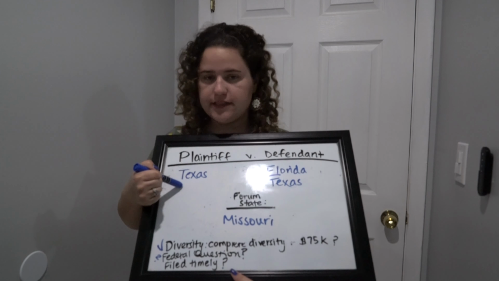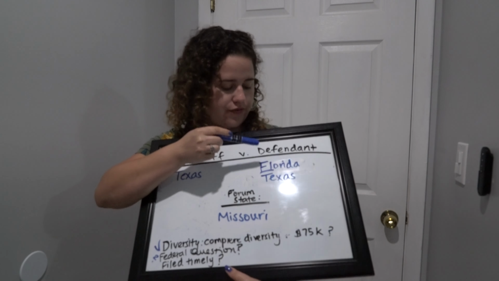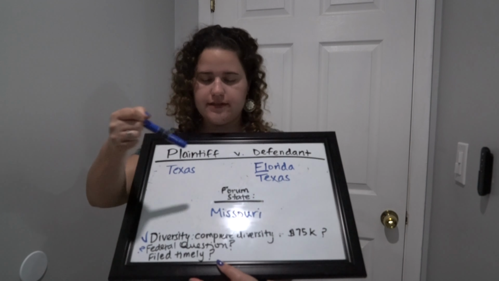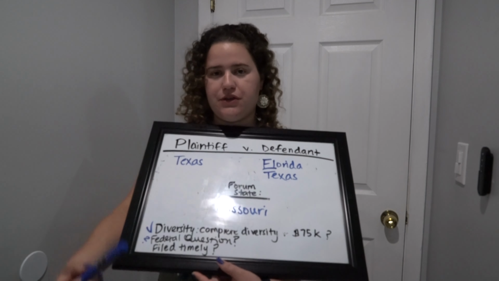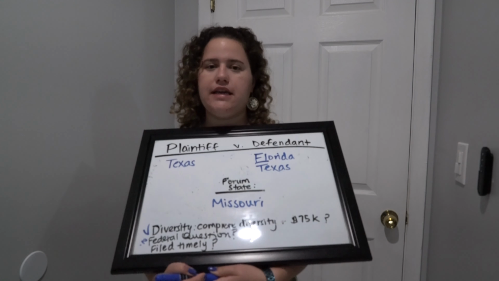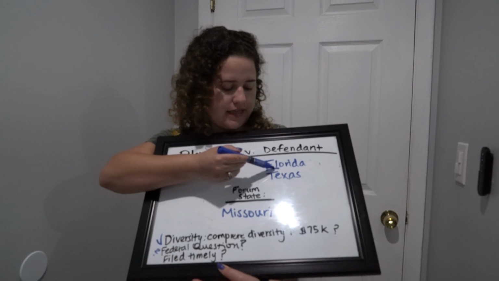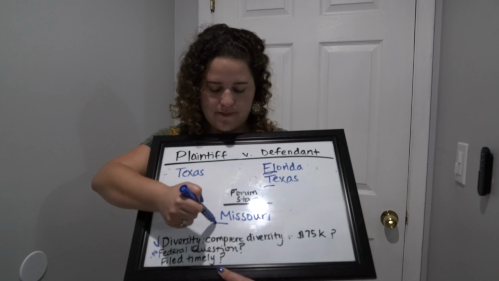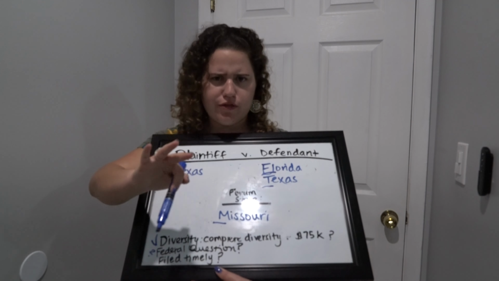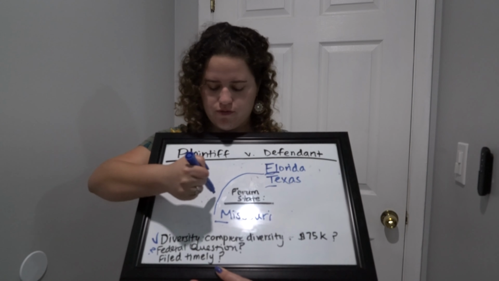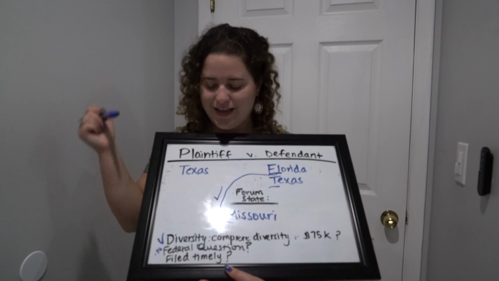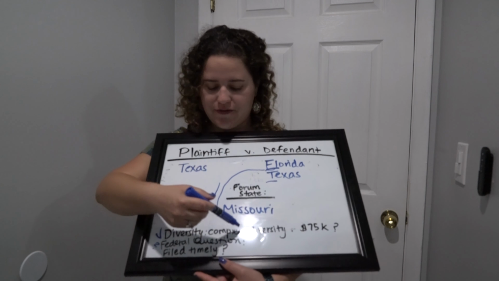Plaintiff is from Texas. Defendants are from Florida and Texas. And the forum state is Missouri. So, okay, let's see if there's an issue with removal. We have the states of Florida, Texas, and Missouri. They're all 3 different states. So, removal, we give it a check mark. Now, we're going to go for complete diversity.